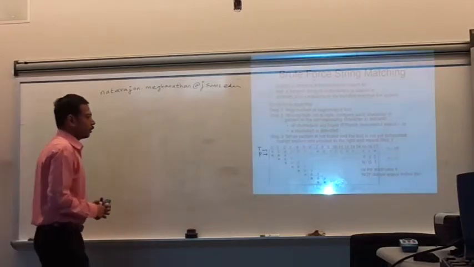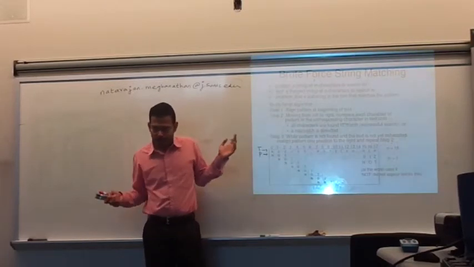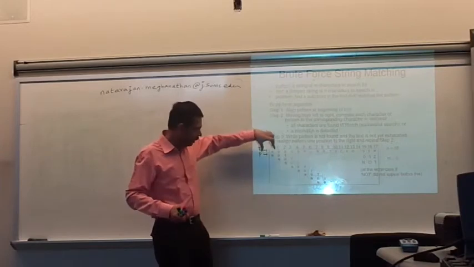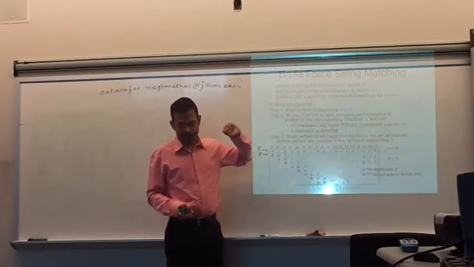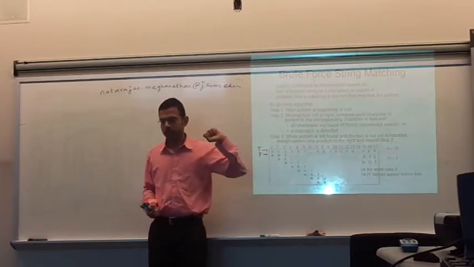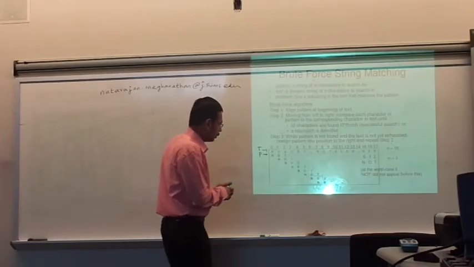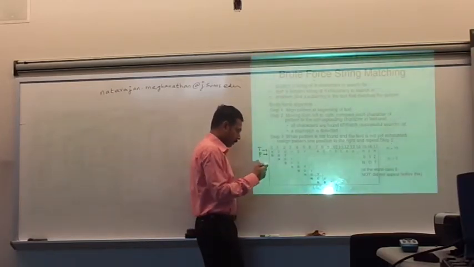So what would be your strategy? This is your problem solving skill. How would you approach this problem? If you want to find whether a given pattern appears in a string, how do you do that? Search the whole thing, which means you put NOT here and compare the two.